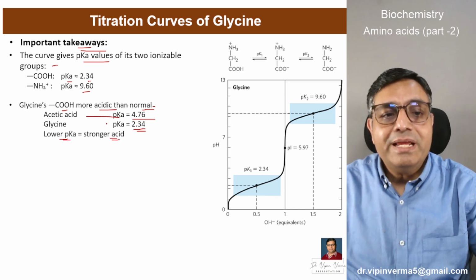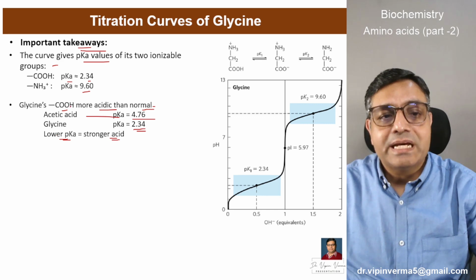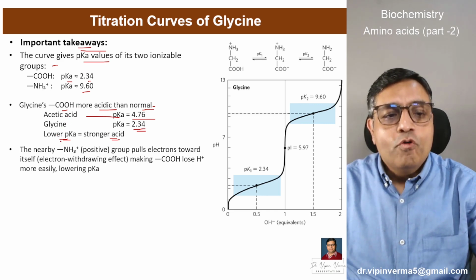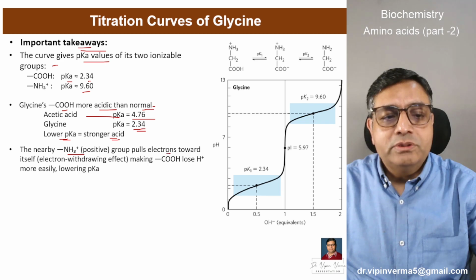Now the question is, why is it so that the glycine's carboxylic is more acidic than the acetic acid? Why? Because the nearby NH3 positive group pulls electrons towards itself, and this is known as electron withdrawing effect.